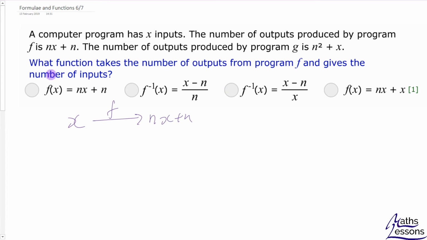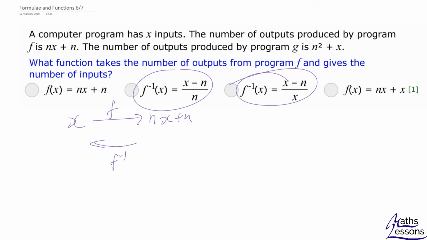Now, if you've got the outputs from function f and you want to find the inputs, you want to find the way backwards, which is the inverse function. So we know it's going to be one of these two answers. It's not going to be the other two because we want the inverse. And because it's a single x, we can use our easy way to do the flow chart. So we start off with x.